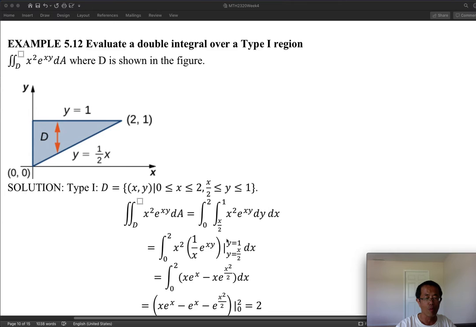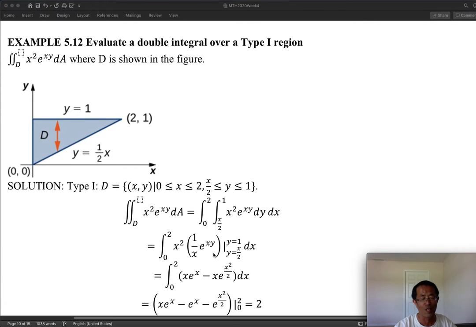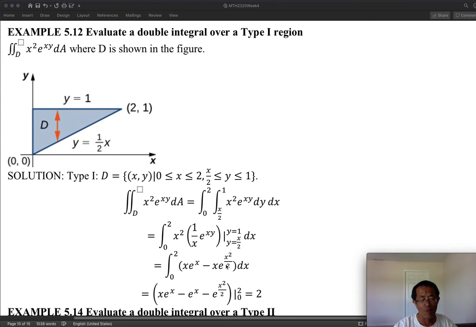And just to remind myself, I will have to replace y with 1, which is the upper bound, and y with x over 2, which is the lower bound. So I did all the calculation. I think I just took the numbers from the textbook. Most of it should be fine.